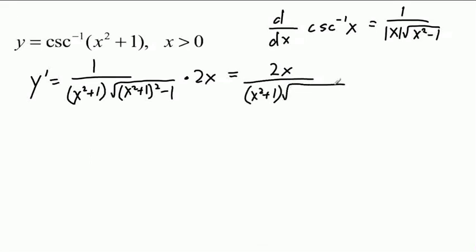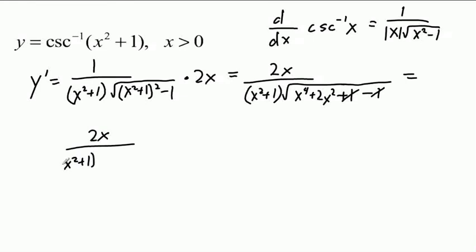And I need to FOIL out, distribute out this bottom part, so it's going to be x to the 4th plus 2x squared plus 1, and then minus 1. Well, this plus 1 minus 1 is going to go away, which then gives me 2x over x squared plus 1 times the square root of x to the 4th plus 2x squared.